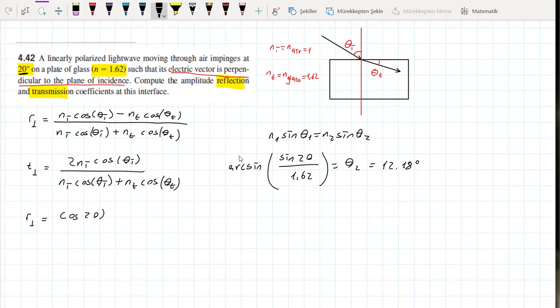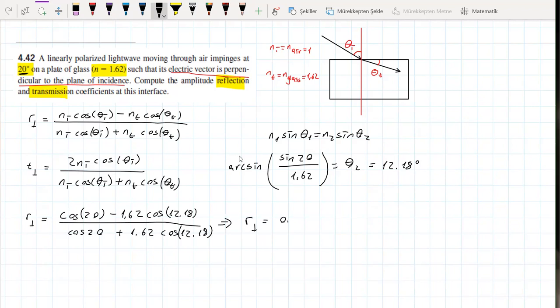Cosine 20 minus 1.62 cosine 12.18 over cosine 20 plus 1.62 cosine 12.18. From here, if you calculate, you will find R perpendicular as minus 0.255.